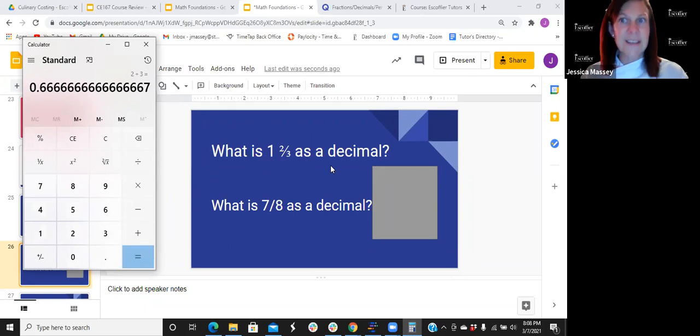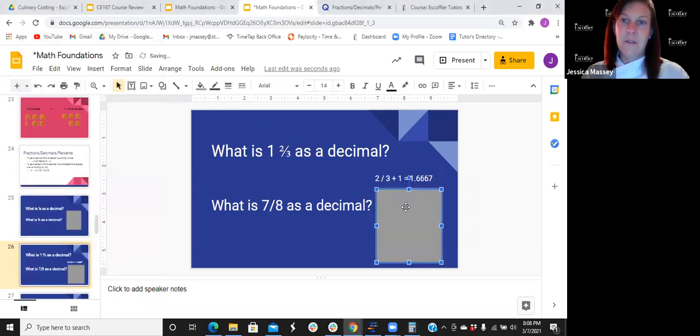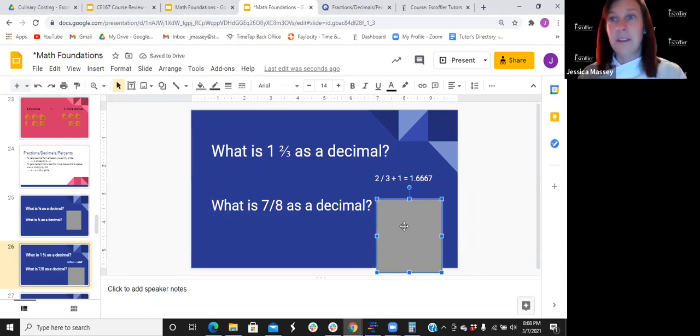So it'd be 1.666667, because you just add that to it. The 1 is the whole number, basically. I did that backwards and that's going to bother me, but you guys get the gist there. So anytime you see a whole number, just know that whole number will still be to the left of the decimal. That fraction is to the right of the decimal because that is the partial number.